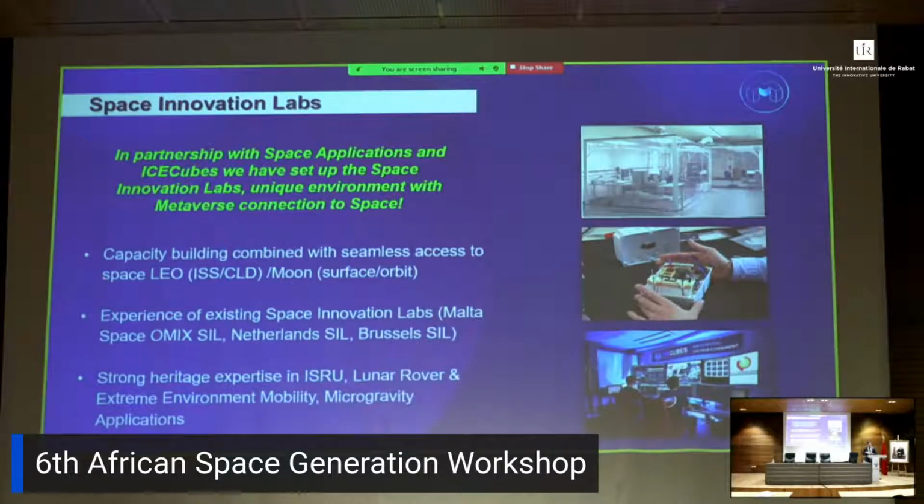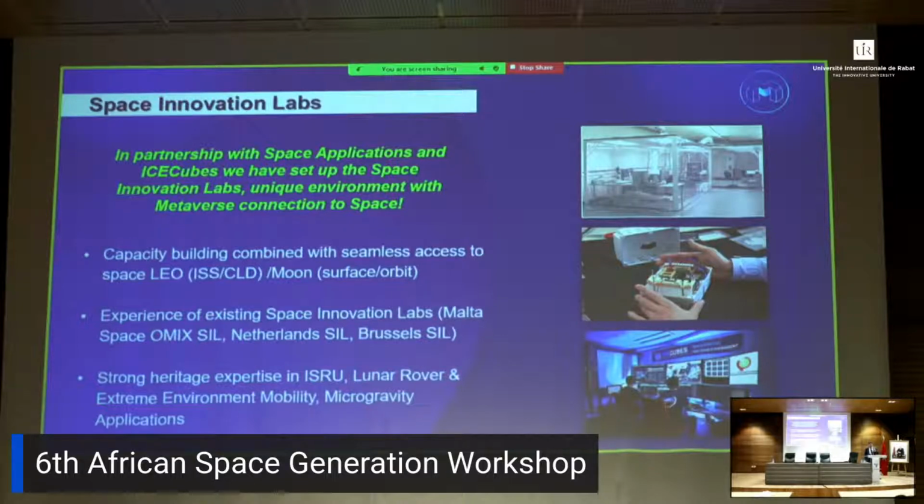And then we connect using our VR, the normal headsets, Oculus, Quest 2, HoloLens, whatever headset that we have access to. We can see how your experiment is being performed on the ISS. That's just one example of the multiple things that we can do with a Space Innovation Lab.